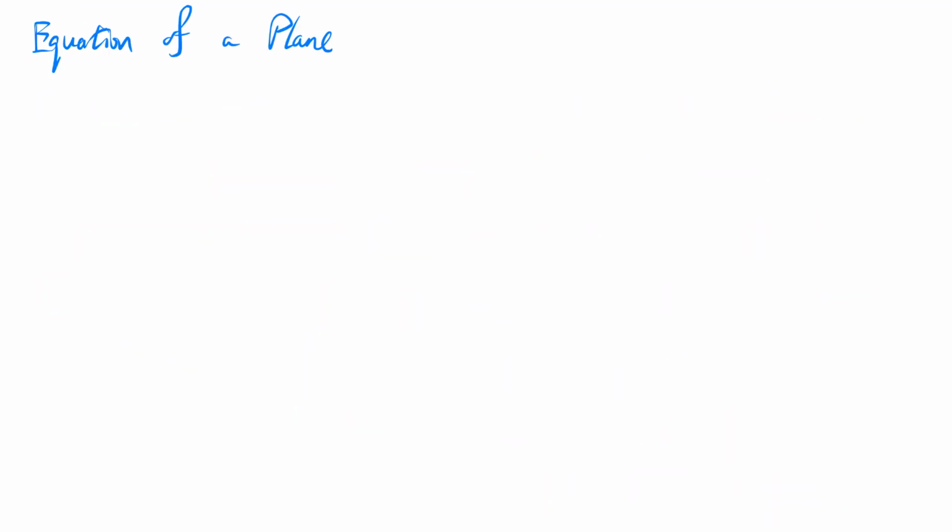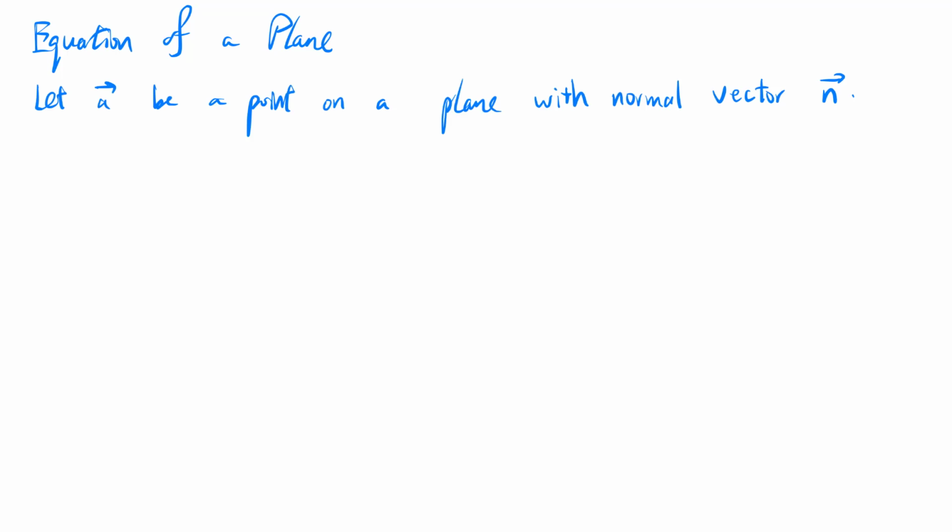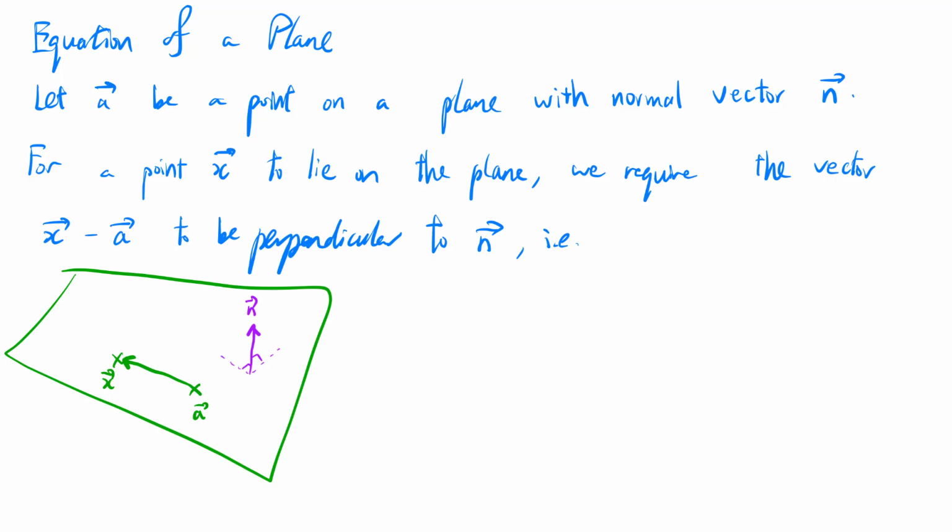To define a plane, it is useful to find its equation. Let A be a point on a plane with normal vector n. For a point x to lie on the plane, we require the vector x minus a to be perpendicular to n. In other words, n dot (x minus a) equals 0. Let's label this as 1.